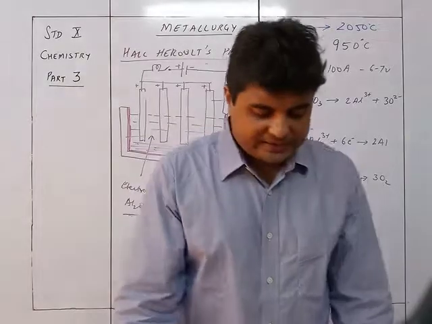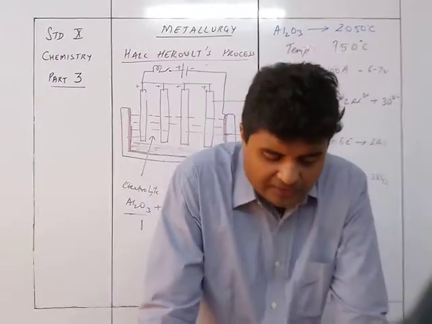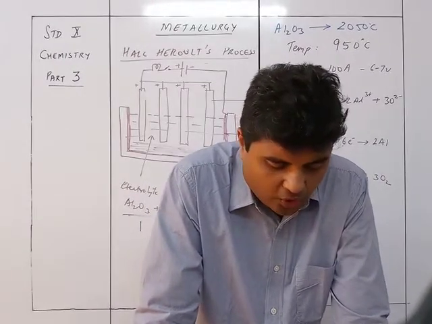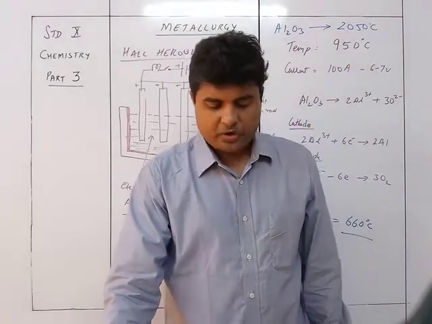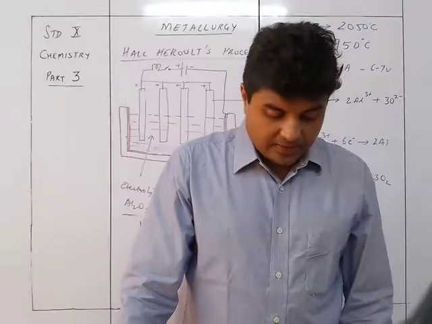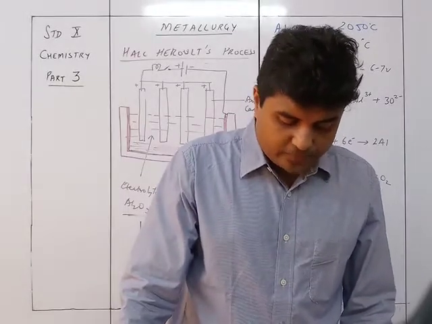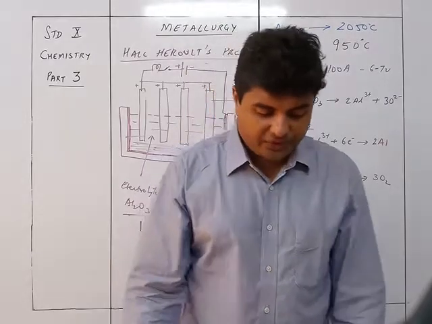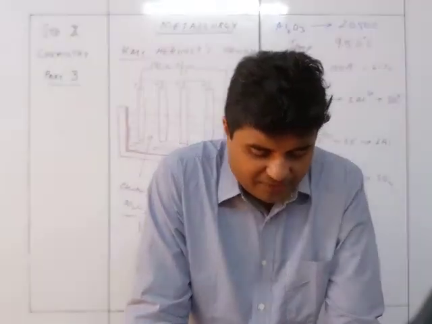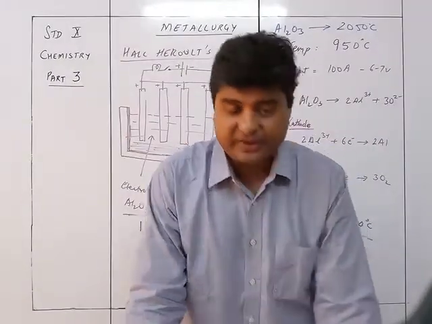The carbon anode is thus oxidized to carbon monoxide, which either burns giving carbon dioxide or escapes out through an outlet, that is, C plus O2 gives CO, or CO plus O2 gives CO2. The carbon anode is hence consumed and renewed periodically after a certain period of usage. It is therefore preferable to use a number of graphite electrodes as anode instead of a single electrode.